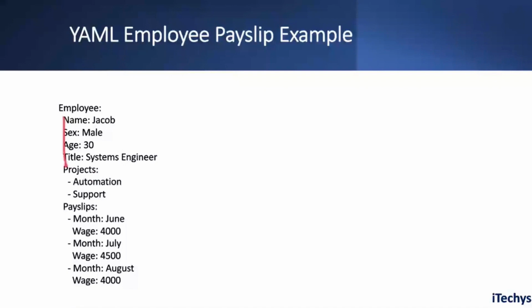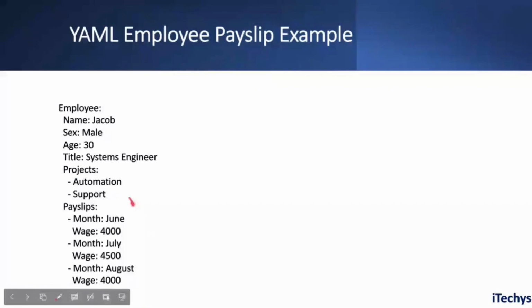You can see this line. So these are the syntax rules. If anything comes inside any section, as a subcategory, it will start indented, along with that dash mark. So it is known that automation and support belong to this project. All these things belong to the employee.